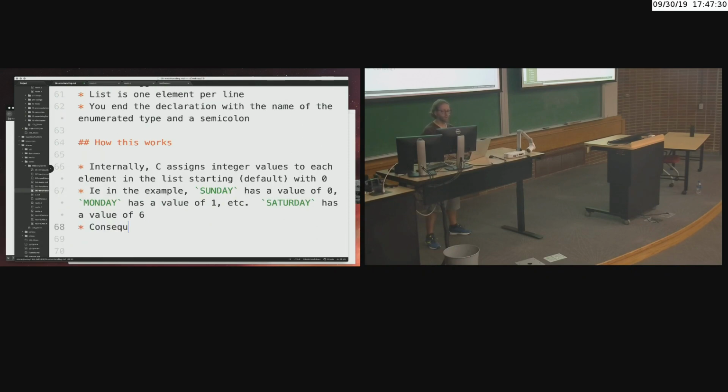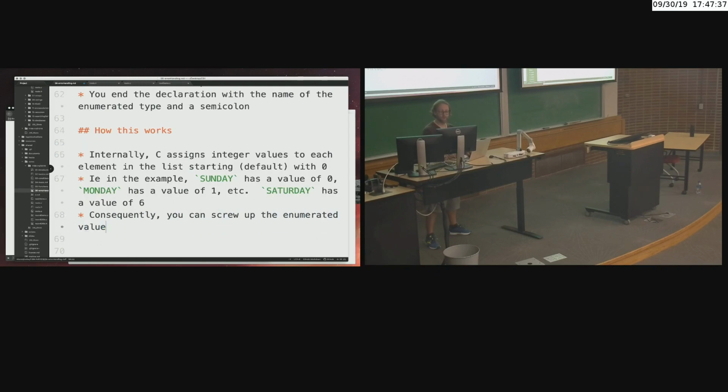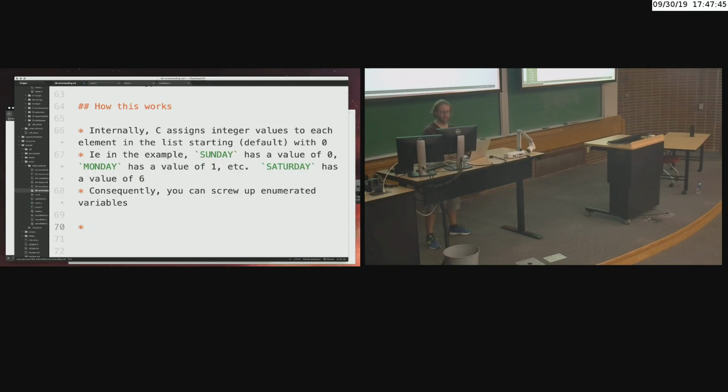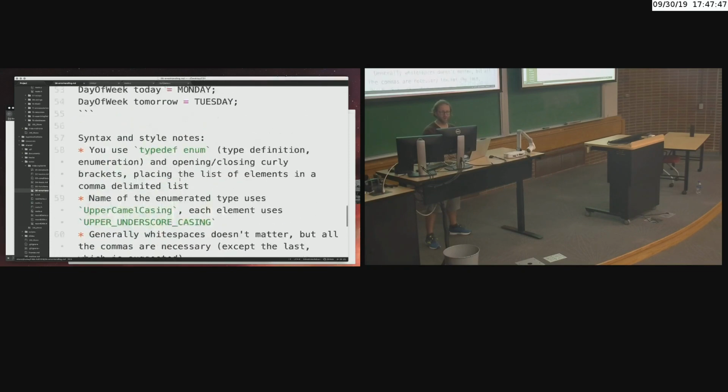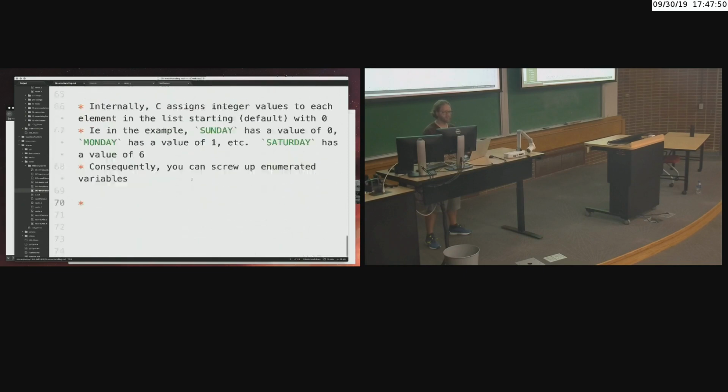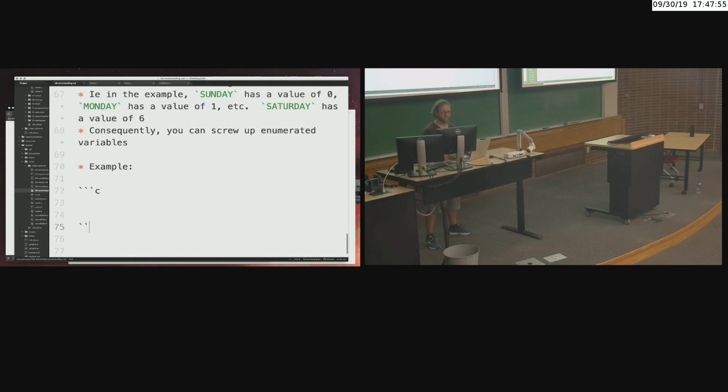Consequently, you can screw up enumerated variables. So for example, let me go ahead and bring down, what did we have up here? I asked the question of what was Monday plus Tuesday. Once I have that defined up there, what happens if I go day of week when is equal to Monday plus Tuesday?